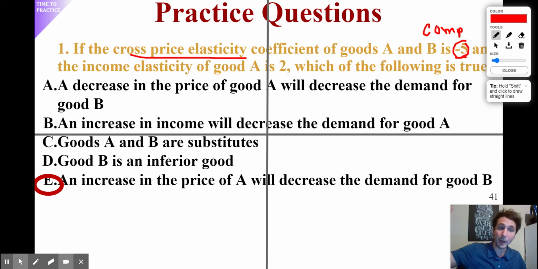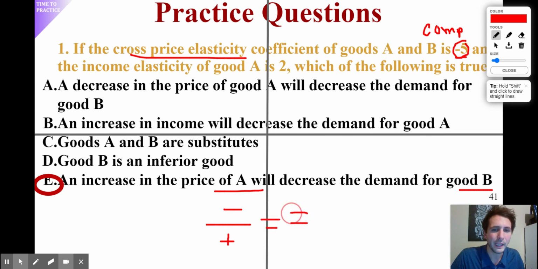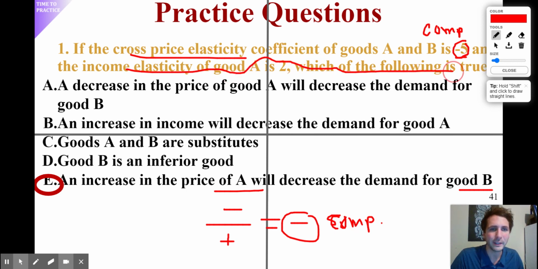If one's going up while the other is going down. And so an increase in price A decreases the demand for good B. That would be a positive on the bottom. That would be a negative at the top. I'll kick out a negative answer, which will give me my complementary goods there. And that's the correct answer. The second part, you didn't even need. Look at that, just getting in the way.